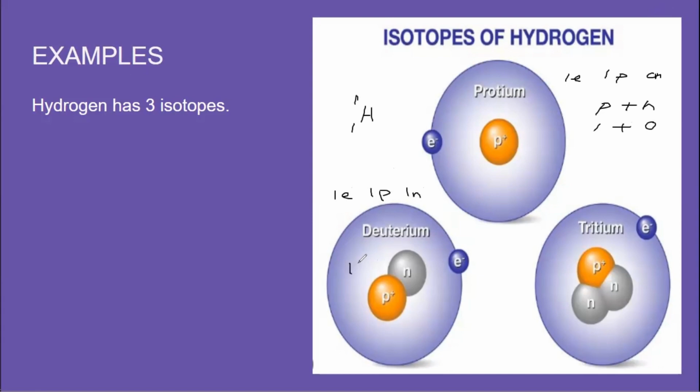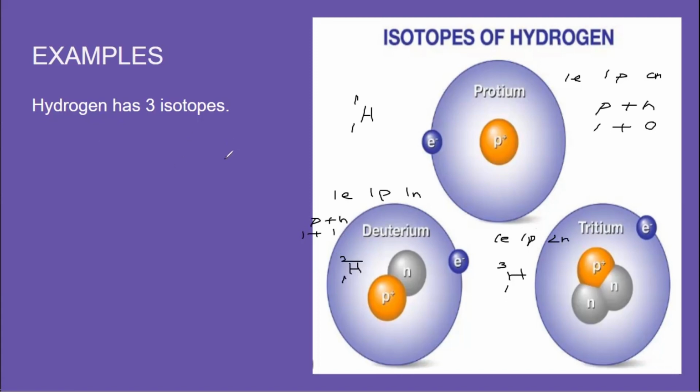In this case, the atomic number is the number of protons, so that is 1. And atomic mass is P plus N. So 1 plus 1 is equal to 2. The third case is 1 electron, 1 proton, and 2 neutrons. So the atomic number is 1 and atomic mass is 1 plus 2, which is 3.